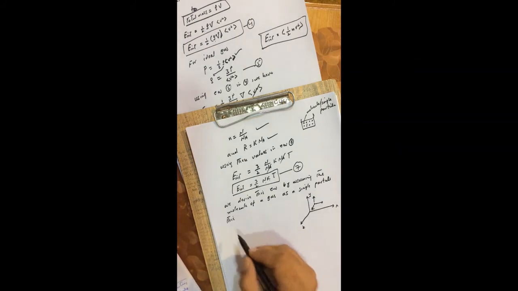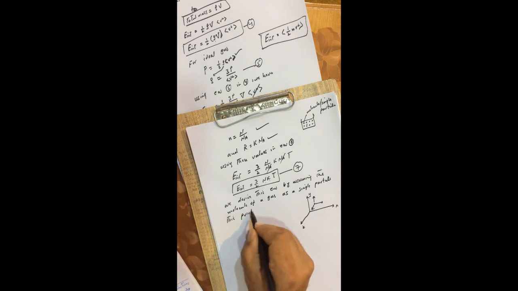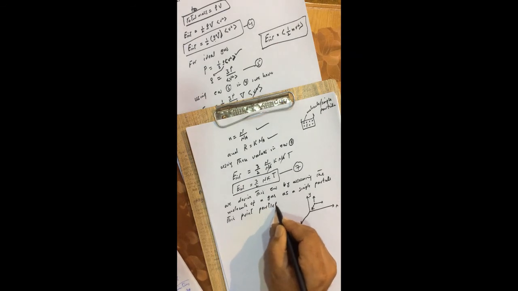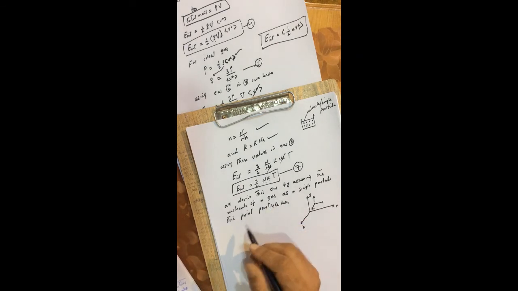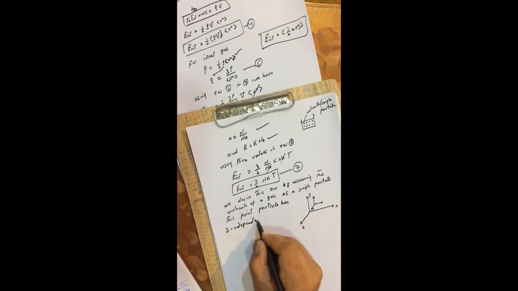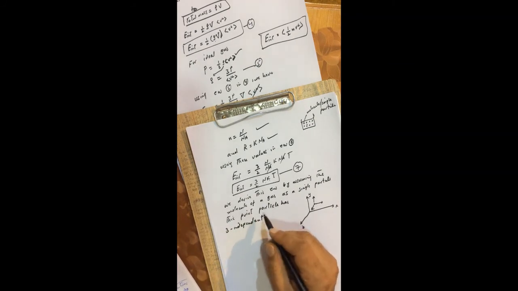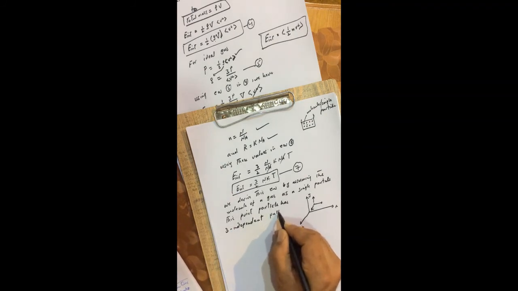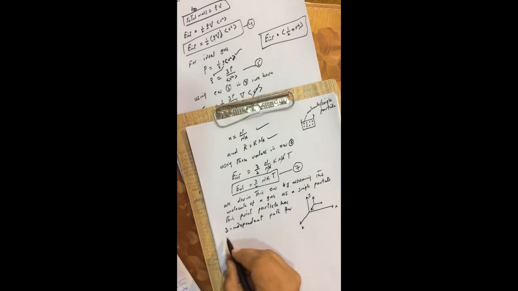So this point particle has three independent paths for motion.